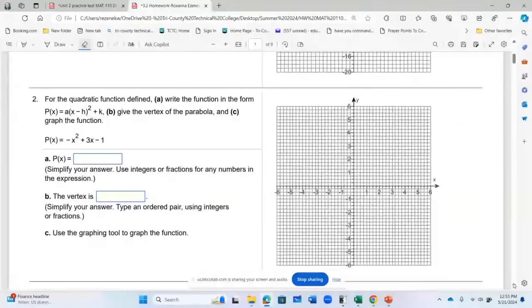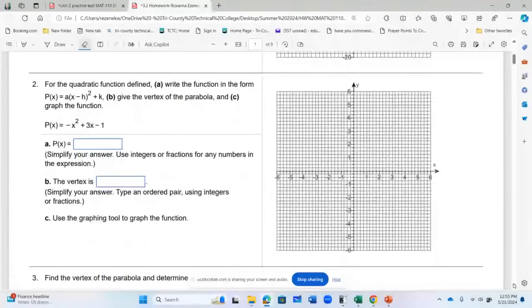Okay, now look at number 2. For the quadratic function defined at the right, write the function in the vertex form again, and give the vertex. If you finish this class, you should know how to do this.